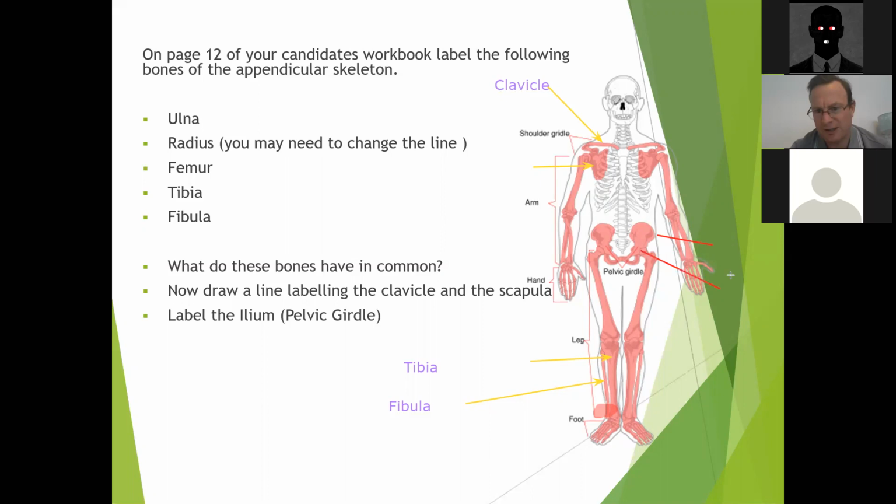Kind of does that. Now, if this is the ilium, this one below, what I want you to do is just extend that line.